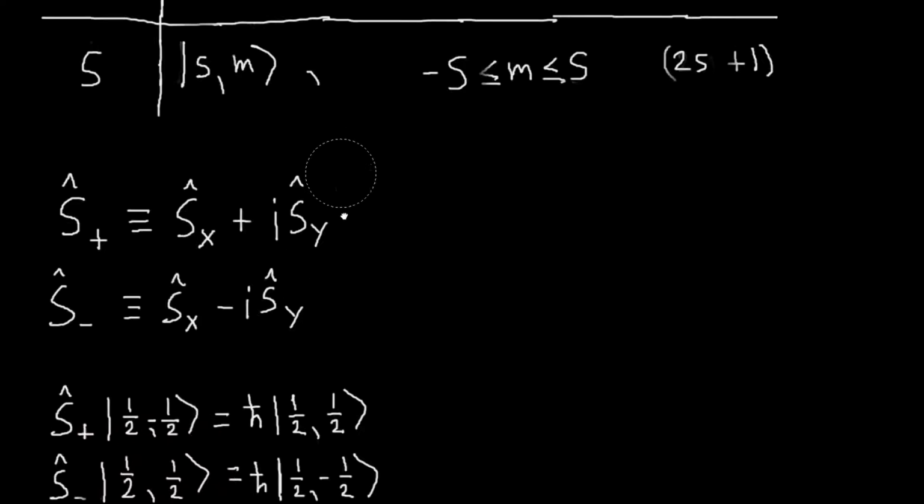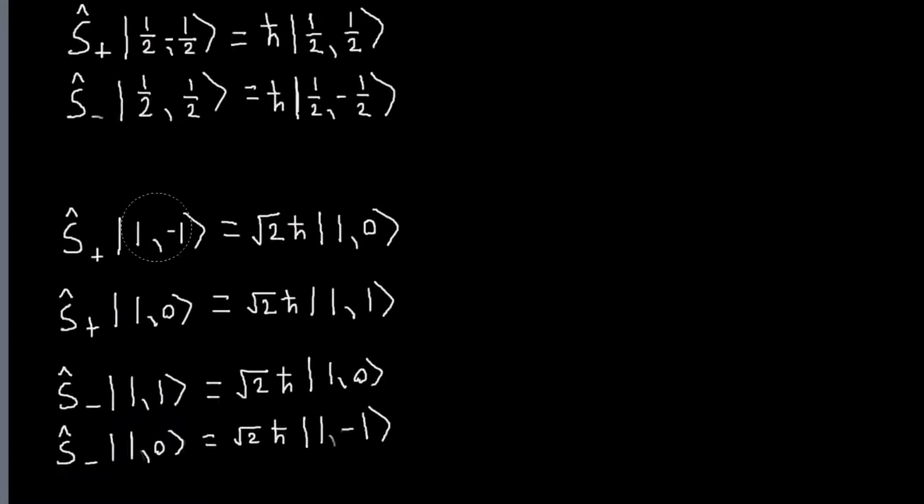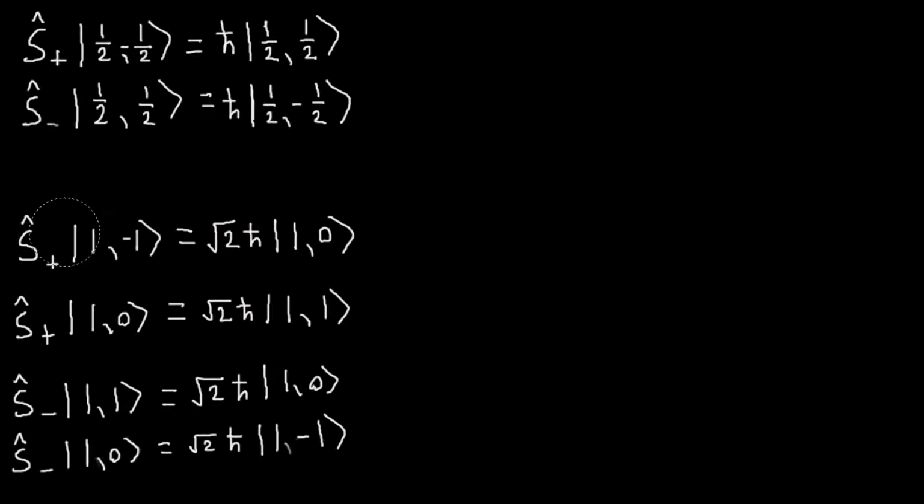And this generalizes to our higher spin systems. So for our spin 1 system, if we act our raising operator on the |1, -1⟩ state, it gets us to the state of higher z component of angular momentum, so the |1, 0⟩ state. And now we have a different factor, a square root of 2 h bar, but whatever. The important thing is we act s plus on |1, -1⟩, and we get something like |1, 0⟩. And then similarly, when we act s plus on |1, 0⟩, we get |1, 1⟩.